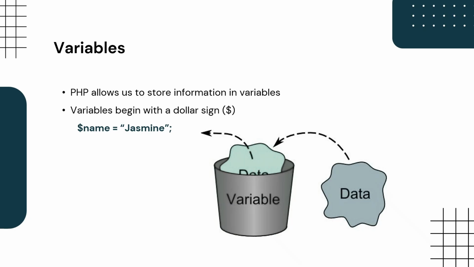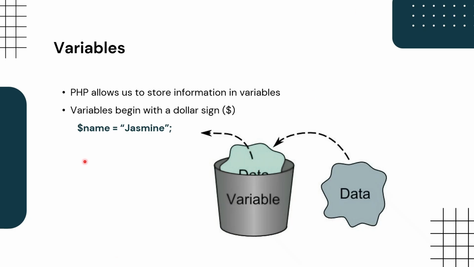Okay, so now that we know PHP is working on our server, let's make the output a little bit more dynamic. PHP allows us to store information inside variables. What we're doing is really assigning a value, that stored information, to that variable.